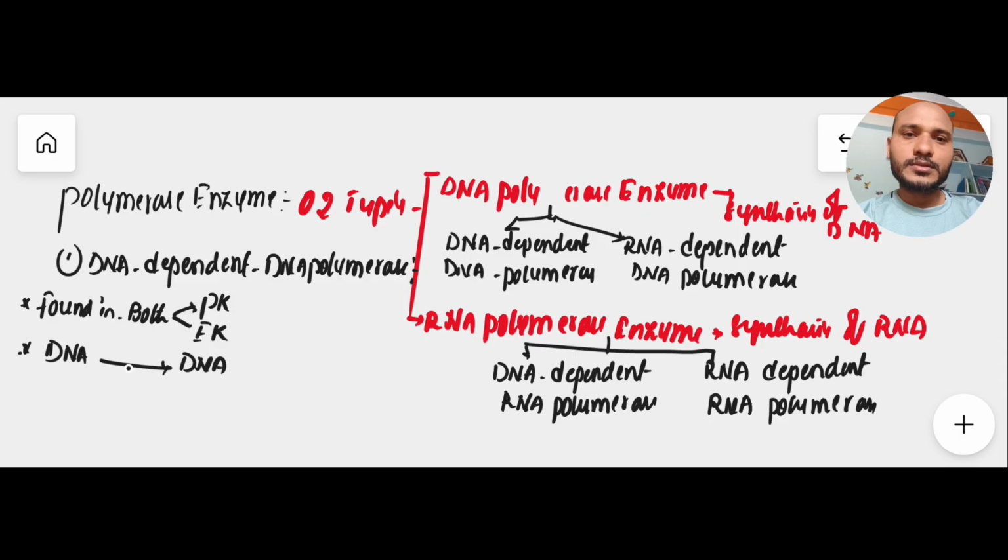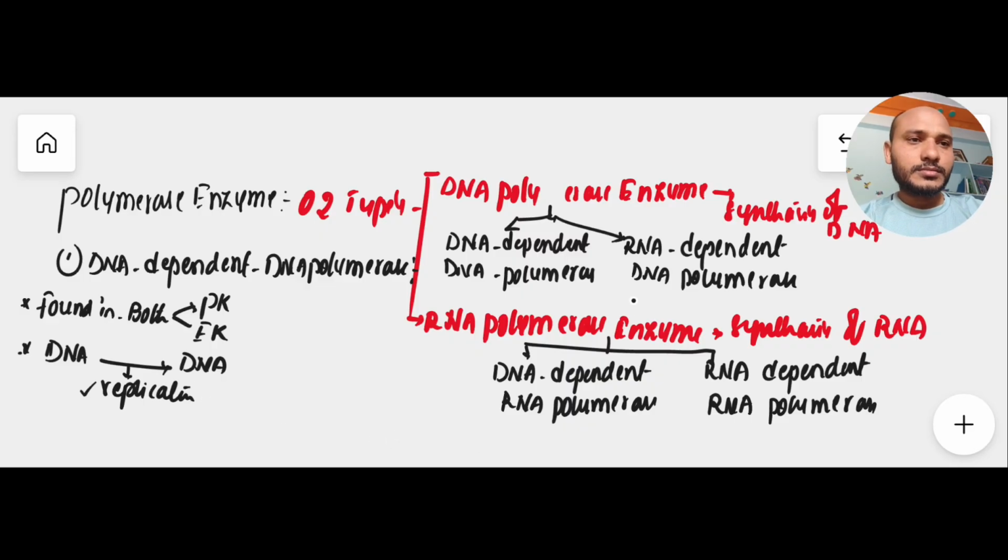It means this process is called replication. The process of producing two identical DNA replicas from the parental DNA is called replication. So the replication process completely depends on DNA dependent DNA polymerase enzyme.